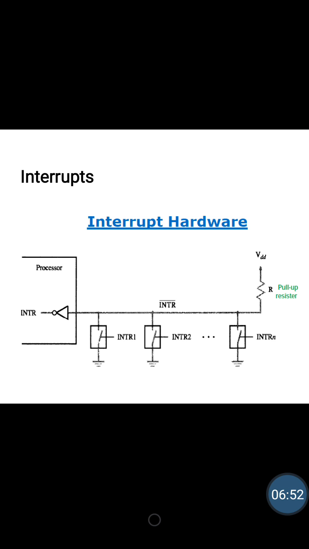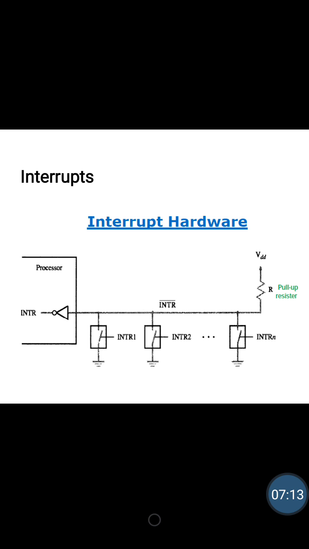So the normal voltage on the INTR line will be VDD if none of the devices has requested. That means if all the switches are open, then the voltage on INTR bar is equal to VDD, which may be 5 volts, assume, which is high. If INTR bar is high, is there any request for the processor? INTR is nothing but the opposite of INTR bar.